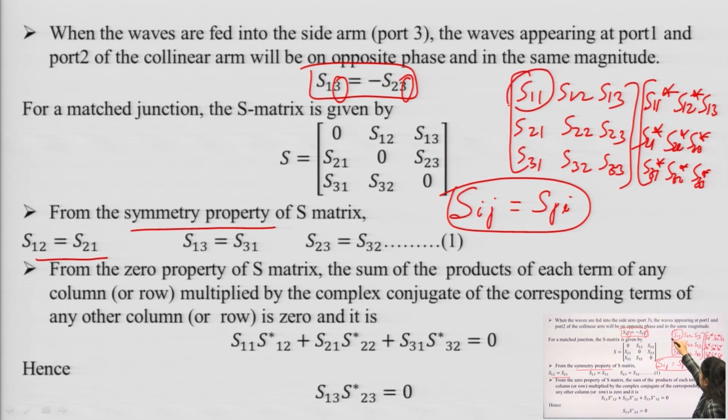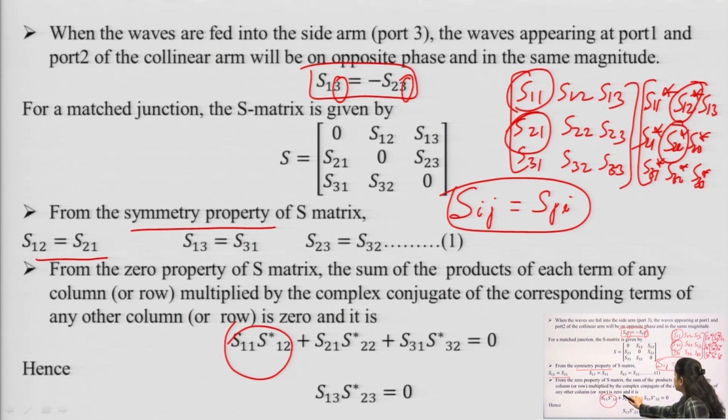S11 is multiplied with S12 conjugate, S21 is multiplied with S22 conjugate, and S31, this one is the S31 and is multiplied with S32 conjugate.